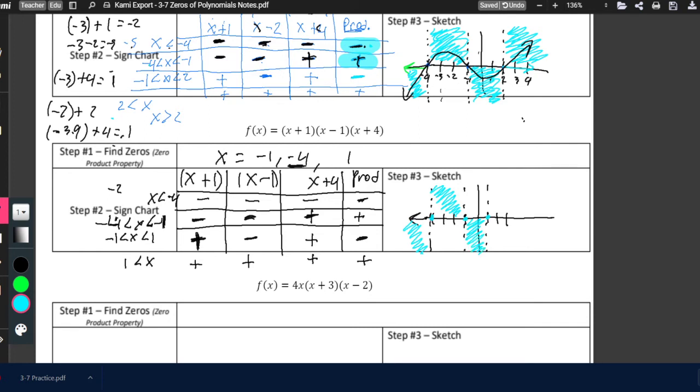And when it's between 1 and infinity, or when x is greater than 1, it is positive. So similarly to our first one, we're going to have a graph that looks something like that. The only thing you have to make sure is that it crosses the x-axis at the zeros.